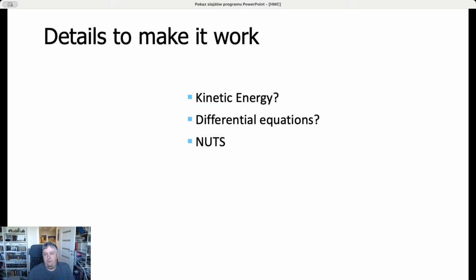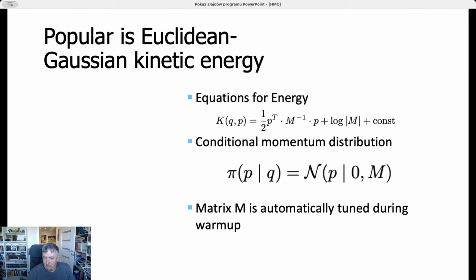There are problems that come up to make it work. First of all, the kinetic energy of the equation, then where those differential equations come from and how to solve them, and finally how to avoid spinning around the typical set and returning to the same point.